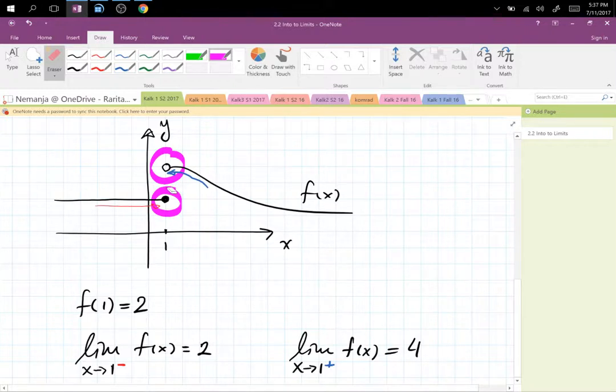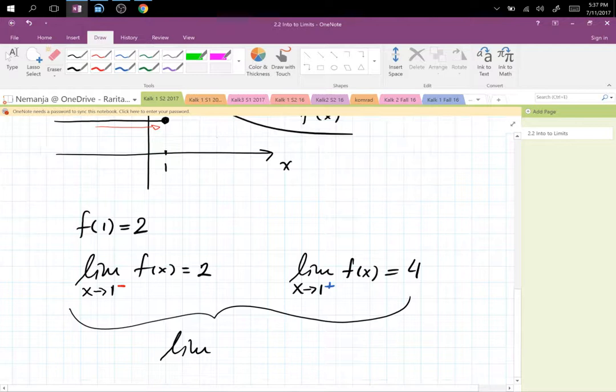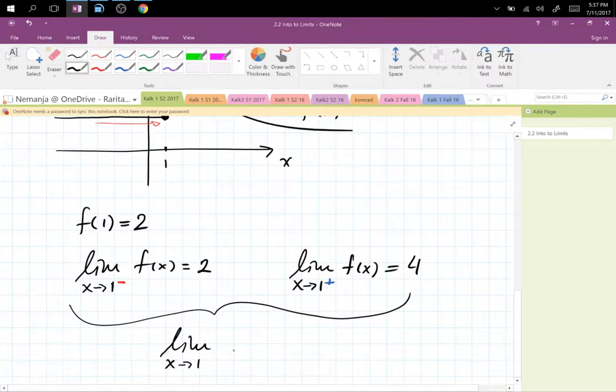So both of these together say that the overall limit as x approaches 1 from both sides simultaneously does not exist. Two different values. One side says it's 4, the other side says it's 2. So which one is it, right? You can't have both of them. 2 and 4 are not the same location.